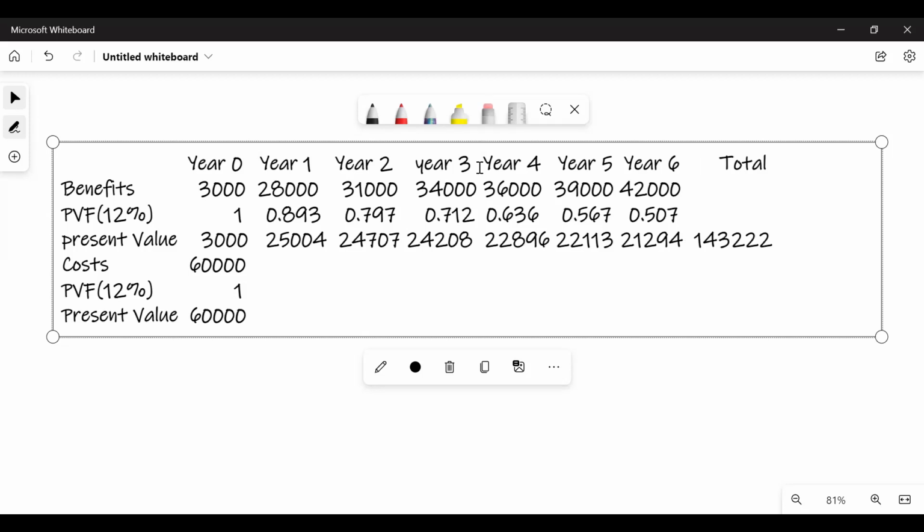Calculate to the present value. Then we have to do the similar thing for cost as well. The costs for the first year are 60,000. Then 40,000.